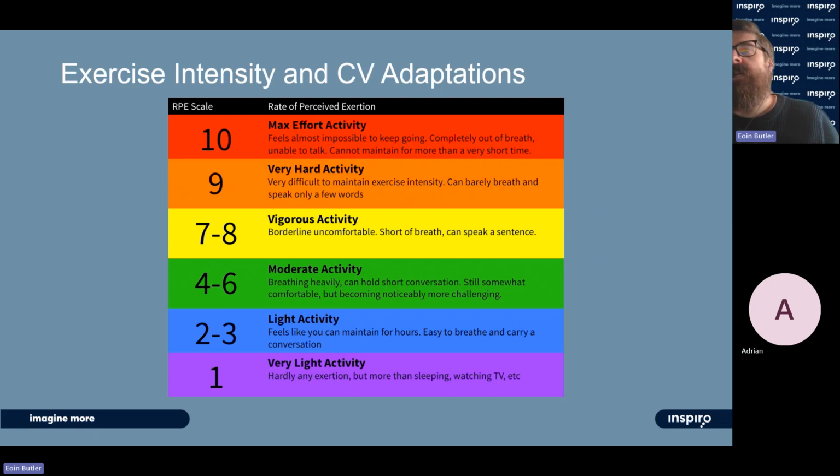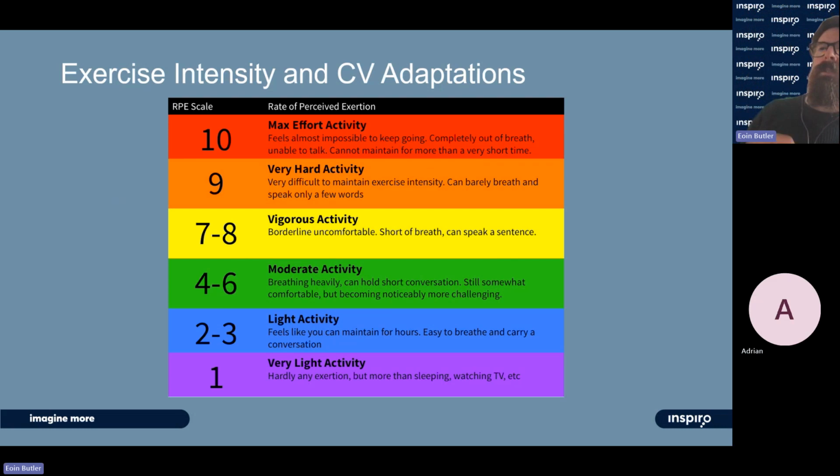Level 7 to 8, vigorous activity, borderline uncomfortable, short of breath, can speak a sentence. Level 9, very hard activity, very difficult to maintain exercise intensity, can barely breathe and only speak a few words. And then 10 out of 10, maximum effort activity, feels almost impossible to keep going, completely out of breath, unable to talk, cannot maintain for more than a very short time.